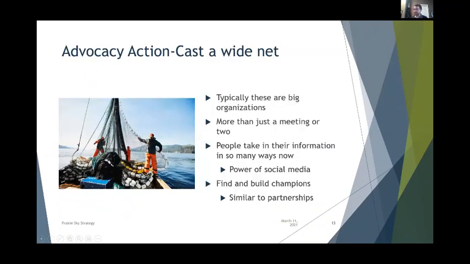just as I said on the partnership side, the flip side of that, when you're building partners to then go advocate to government, when you're talking to government, I'd encourage you to cast a wide net. Typically, these are large organizations, and a lot of people sometimes make the error of wanting to go right to the top and talk to the minister or the premier or prime minister right away and make that the first meeting.